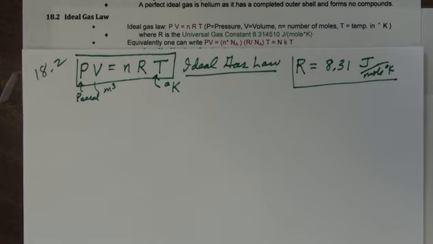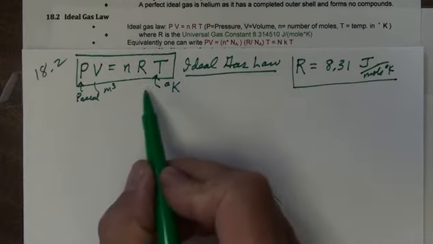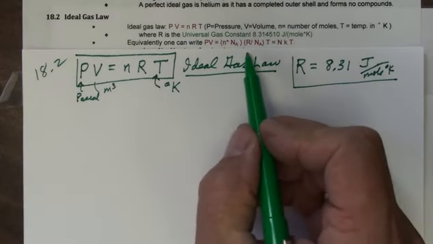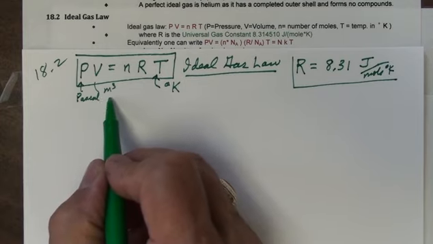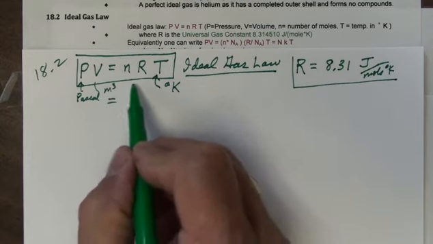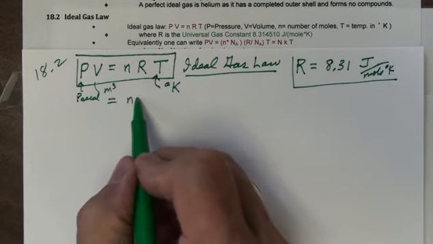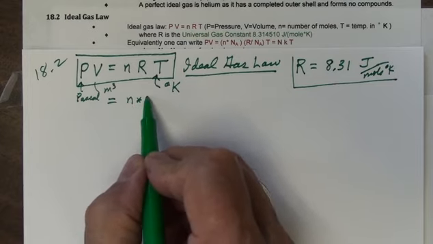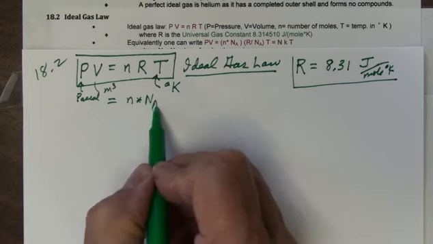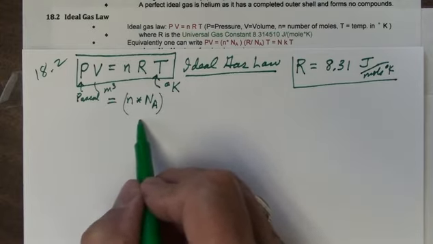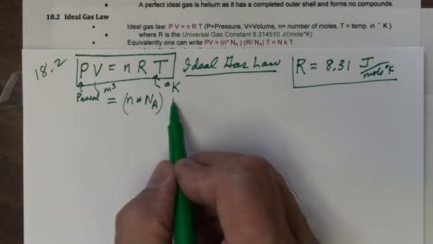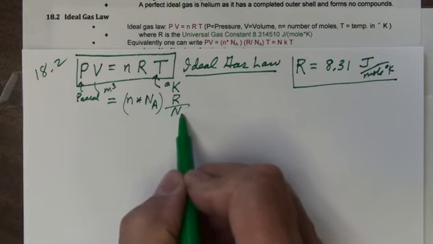So we can change this just a little bit and write this equation in a different way by multiplying by Avogadro's number and dividing by it. And we do that by saying, okay, this is equal to N times, that's the number of moles, times Avogadro's number. Every mole has Avogadro's number of molecules, so this is going to be the total number of molecules. And we're going to take R and divide by Na.